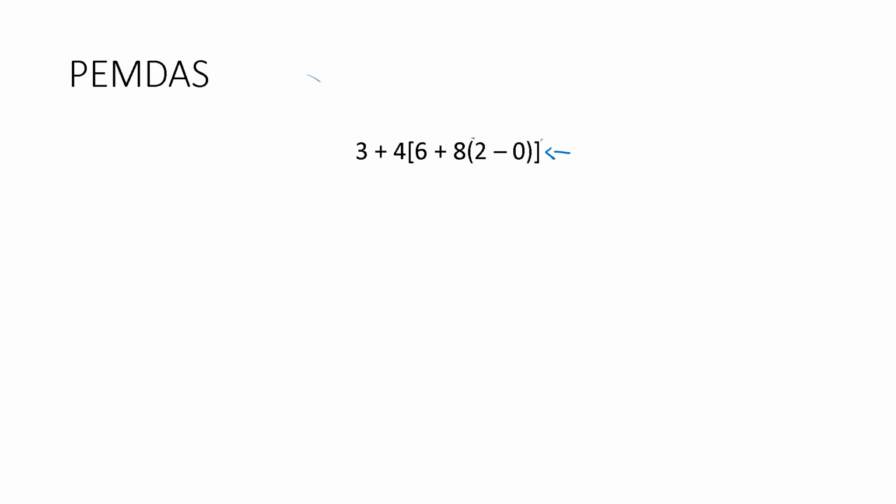So the first thing we'll do is this right here, our parentheses, which is 2 minus 0, and 2 minus 0 is 2. Keep them in this little parentheses, because he's written next to that 8, and being written next to the 8 in the parentheses means multiply. Okay, so now we've got to finish off our bracket here.